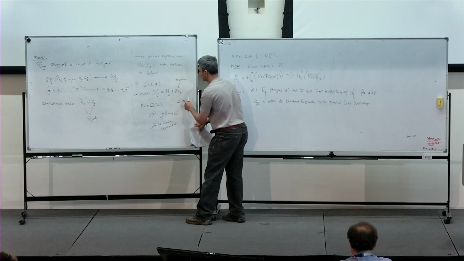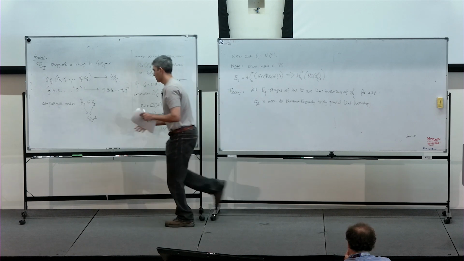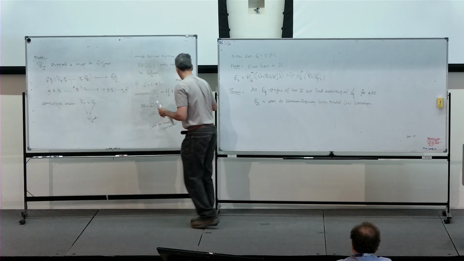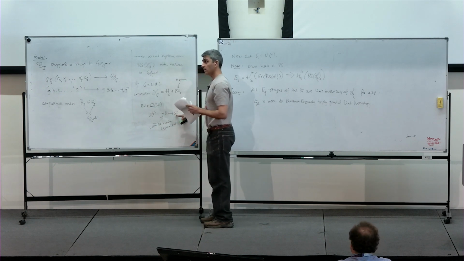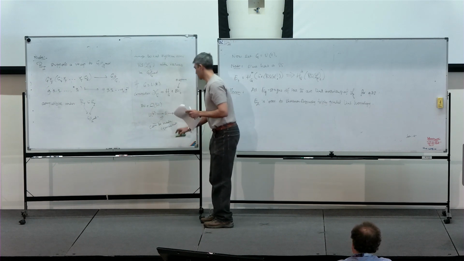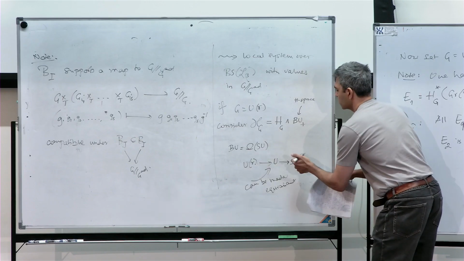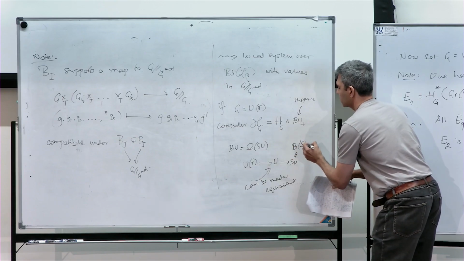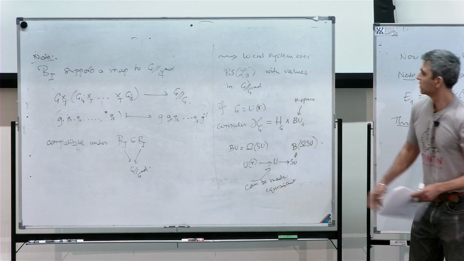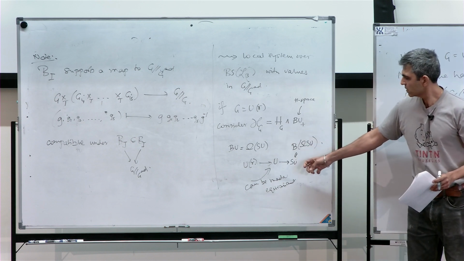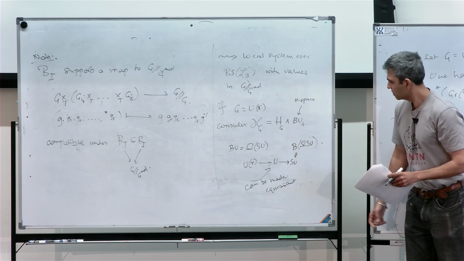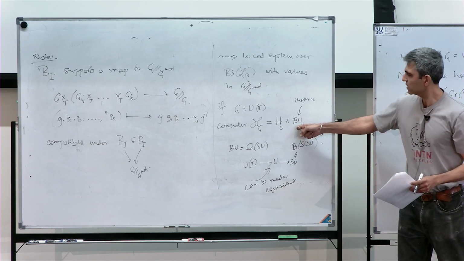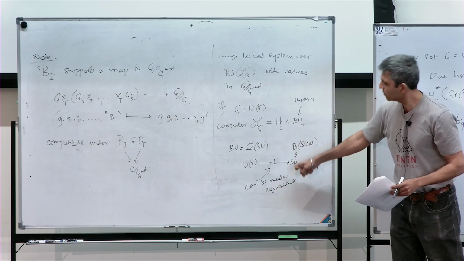Sorry, I got that wrong. I want this to be the group, so I loops on SU. That's right. So this I want to think of B of loops on SU. Did I get that right? Yes. Okay.